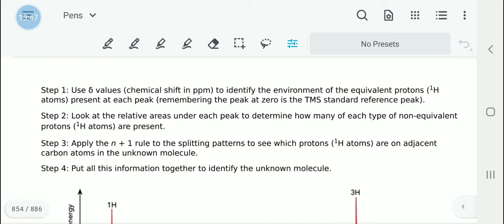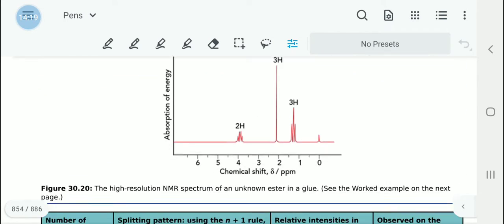We have to remember that peak 0 is the TMS standard reference peak. Then we look at the relative areas under each peak to determine how many of each type of non-equivalent protons are present. Then apply the n plus 1 rule to the splitting patterns to see which protons are on adjacent carbon atoms in the unknown molecule. Then we put them together to identify the unknown molecule.